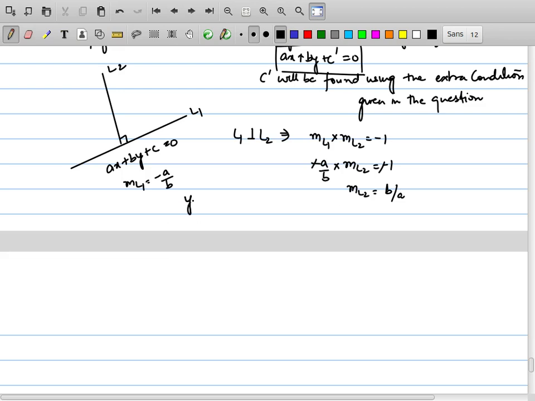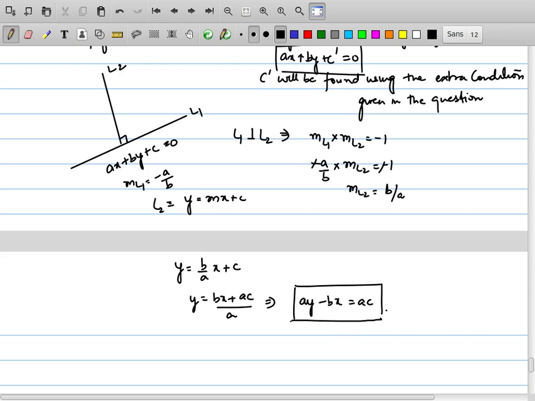Therefore let the equation of our line be y equals mx plus c. Let's say this is the equation of the line we are looking for. Now m is known to us. This is b by a x plus c. If we take the LCM, we have bx plus ac upon a is y, and on rearranging we have ay minus bx equals ac.